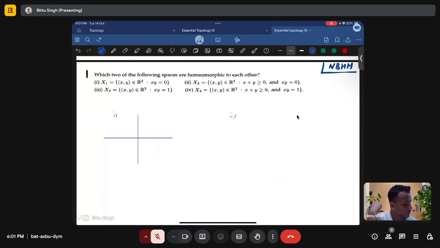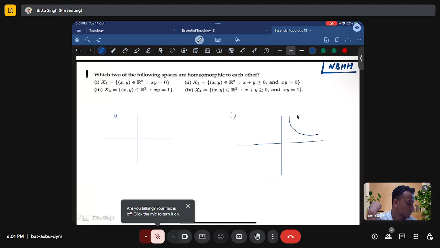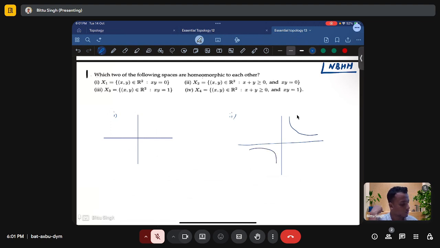So xy equal to 0 is represented by this hyperbola, but we are considering x plus y greater than or equal to 0, that is the part which is in this region, right? Therefore the given curve will be, I need to erase this part. So this is the given curve, y equal to 1 by x.